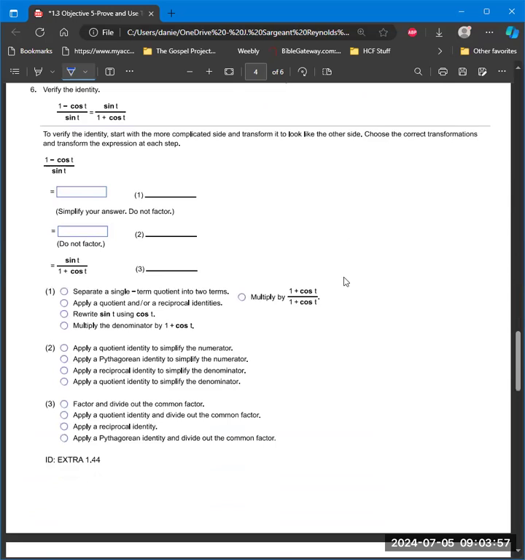All right, let's verify the identity that 1 minus cosine of t over sine of t is equal to sine of t over 1 plus cosine of t. So we're going to first multiply by 1 plus cosine of t over 1 plus cosine of t.